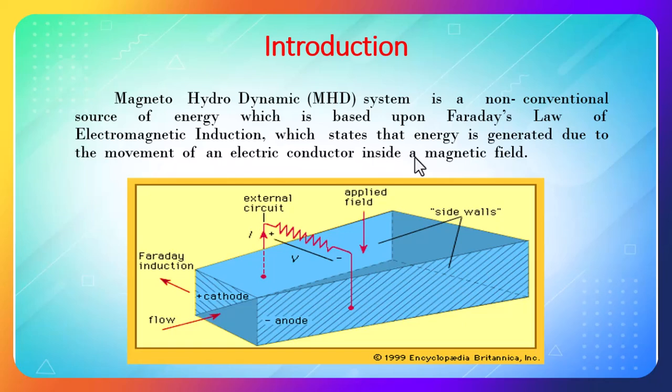Non-conventional source means it comes under renewable energy resources, based upon Faraday's law of electromagnetic induction, which states that the energy is generated due to movement of an electric conductor inside a magnetic field. So we will see what Faraday says. In Faraday's law, there are three forces that should act perpendicular to each other.